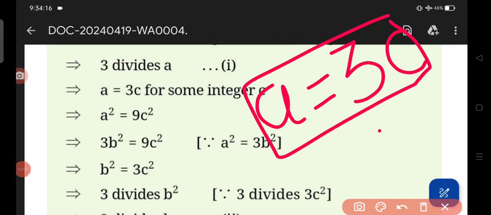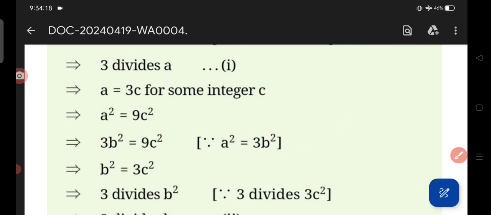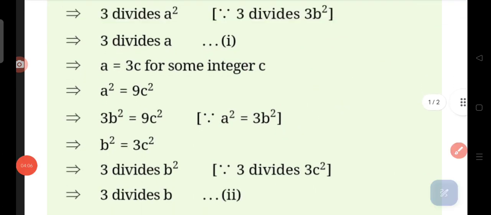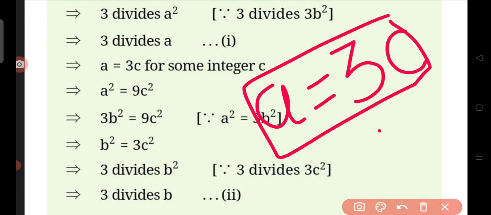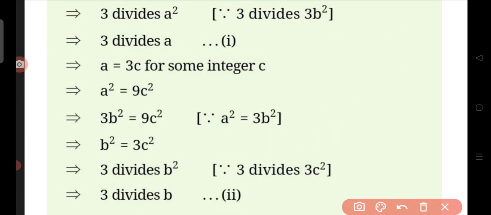Now if a is equal to 3c, then we will square both sides. Then a becomes a square and 3c becomes 9c square. And a square is equal to 3b square also.